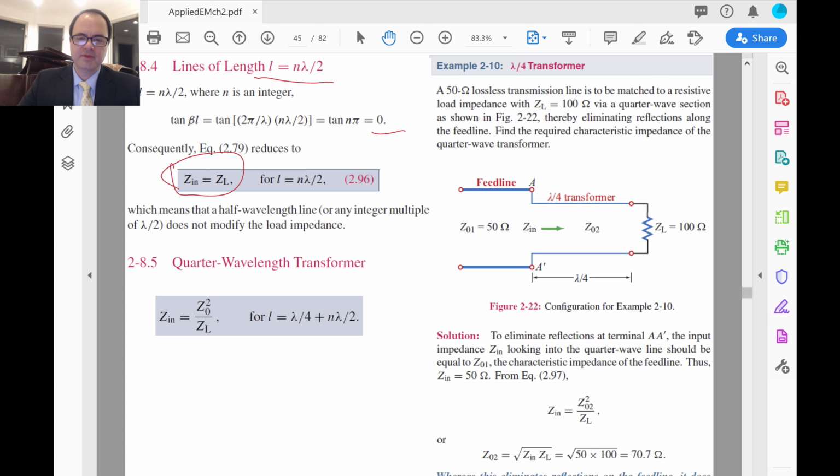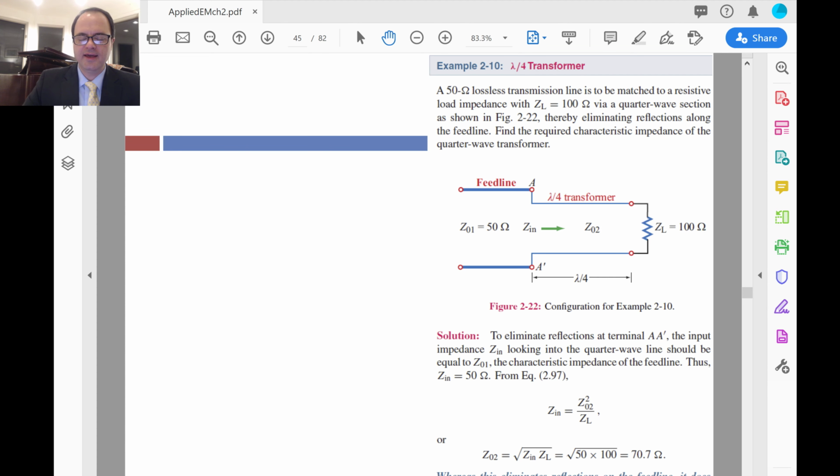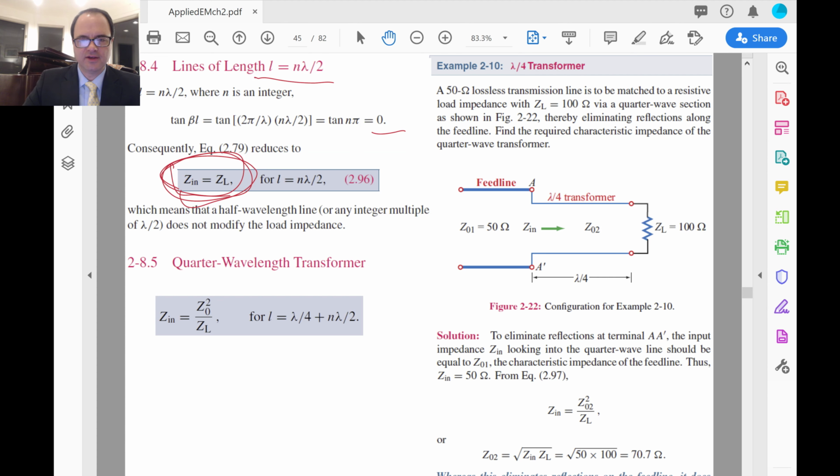Well, this means that you can choose the length of your transmission line, and remember, these are lossless transmission lines we're talking about, such that the effect of the line itself disappears. And you only have the impedance of the load itself. That's important in a lot of situations, and so that's a very useful technique.